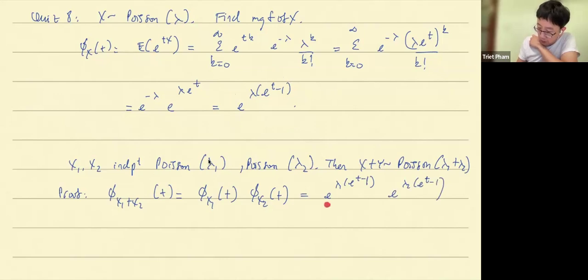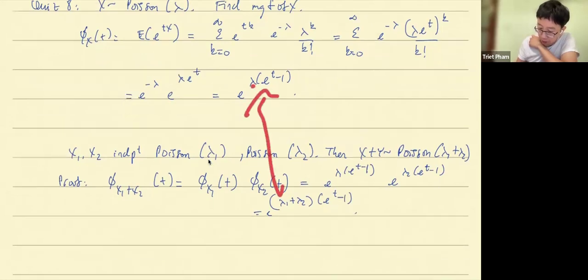Because the exponential of a product is a sum of the exponents, you do get, again, this form with lambda being lambda 1 plus lambda 2. Therefore, it's a Poisson, lambda 1 plus lambda 2.